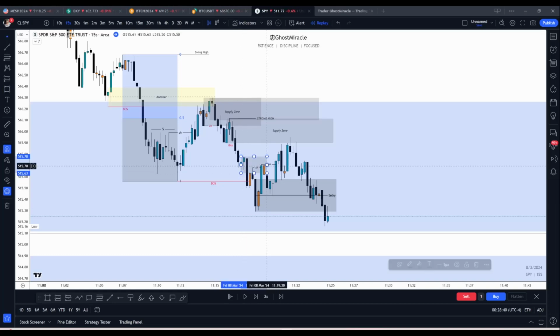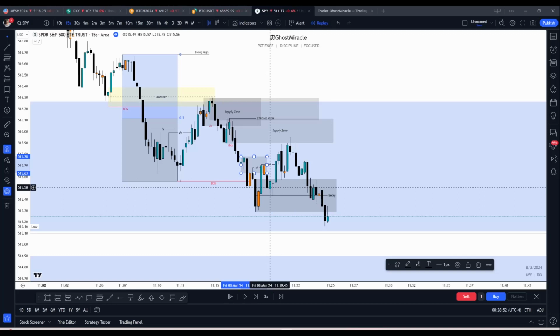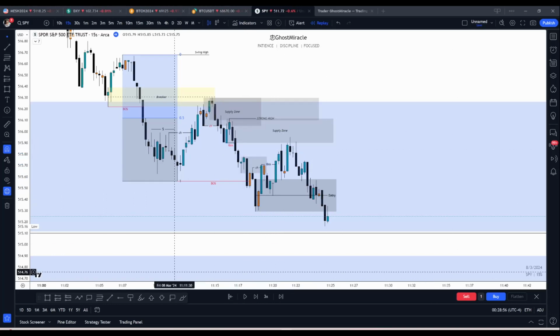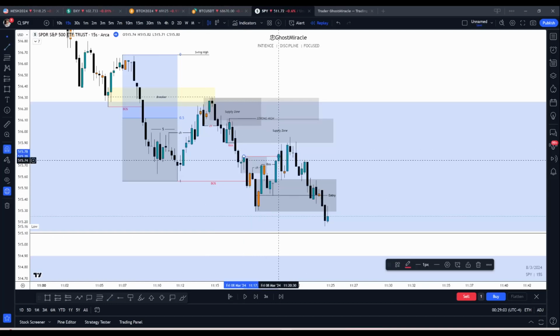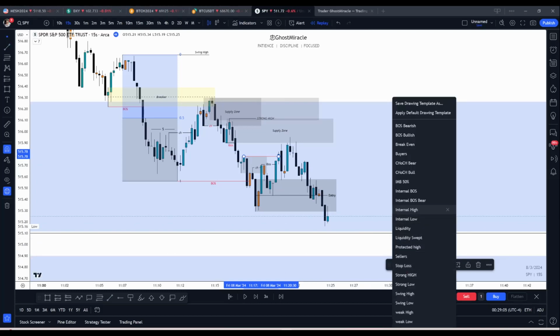So I guess in general, since you could say that this pullback broke the overall low, it was valid enough to give you that reaction to go back into your intended entry, and then it created, I guess you could say, this internal break here as well.